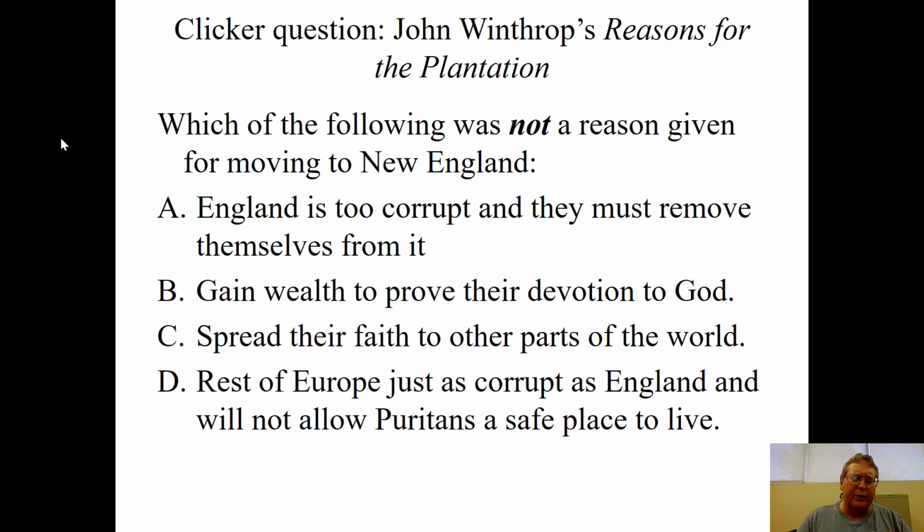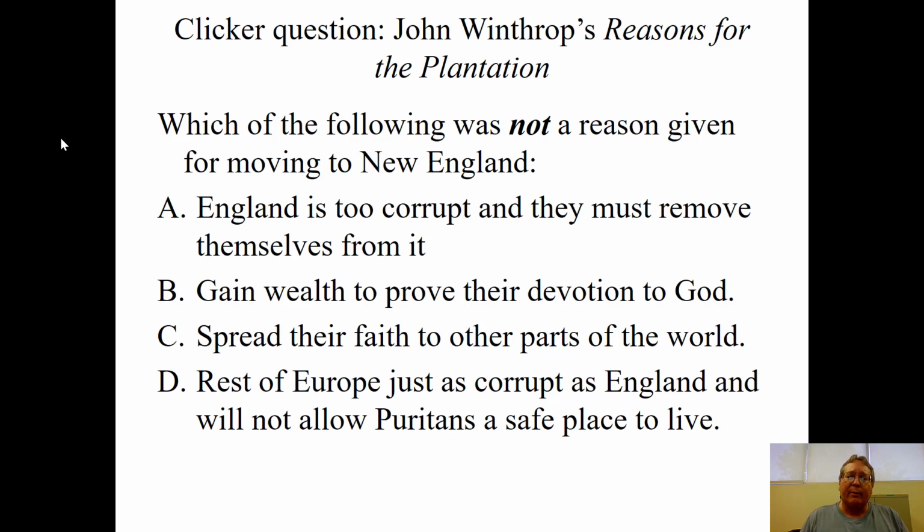One of our sources in our chapters, especially chapter 2, is a letter, or actually a list of objections and answers by one of these church leaders, the guy that's going to be the first governor of Massachusetts Bay Colony, John Winthrop.